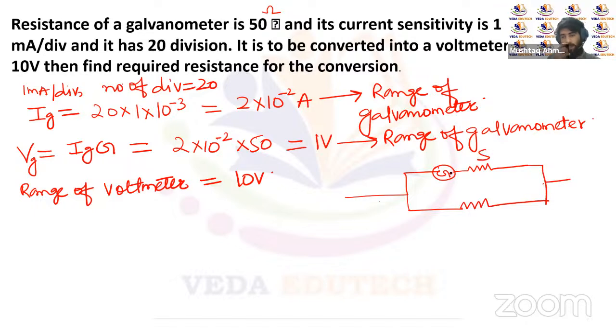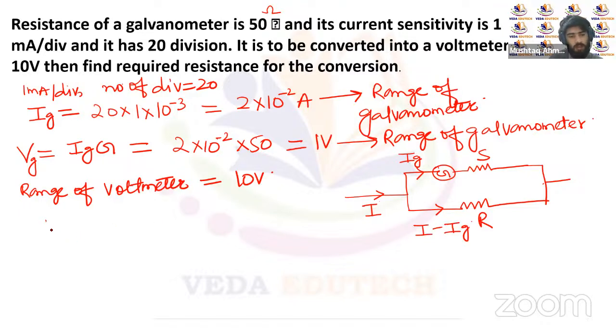Let's call this S. Some amount of current will come, and some current will be through this galvanometer. Let's call that Ig, and the rest will be I minus Ig, right?